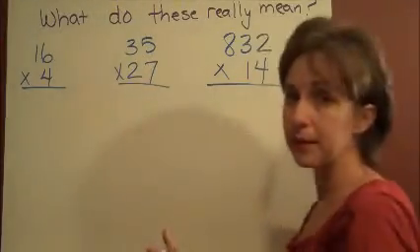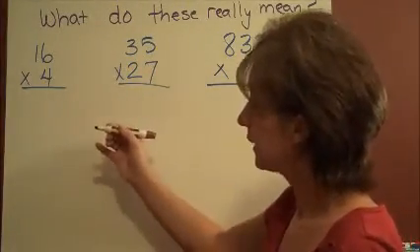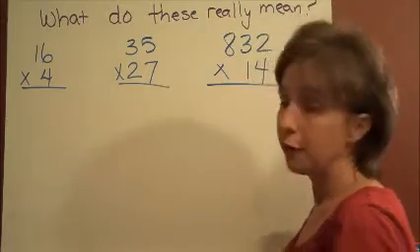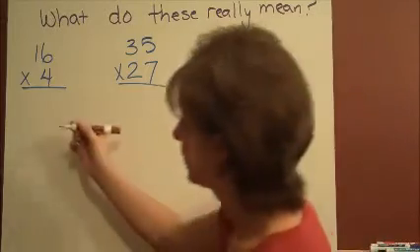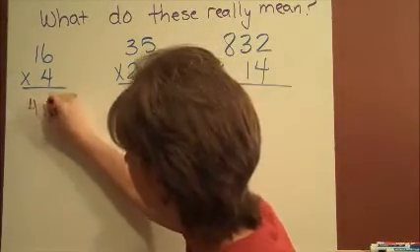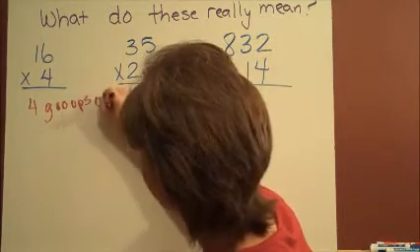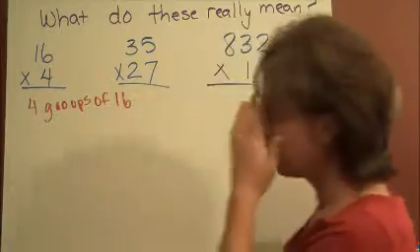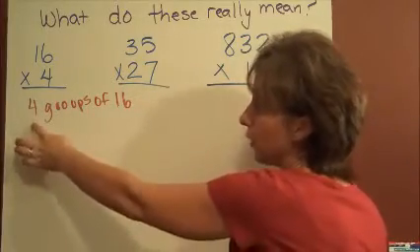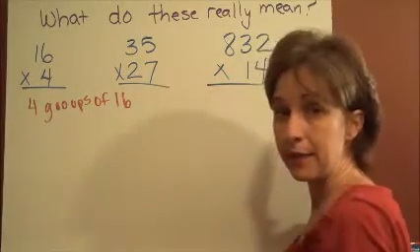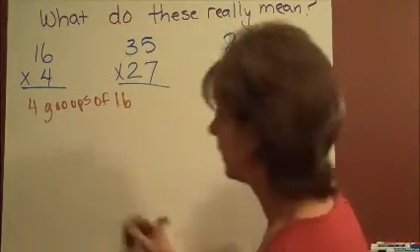4 times 16 is the same as 4 groups of 16. And if I were using base 10 blocks, I might first get 4 groups of 10 and then 4 groups of 6.